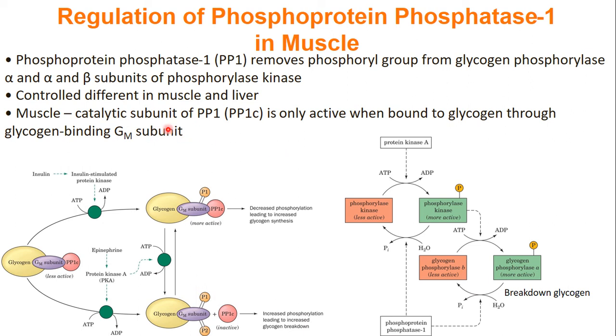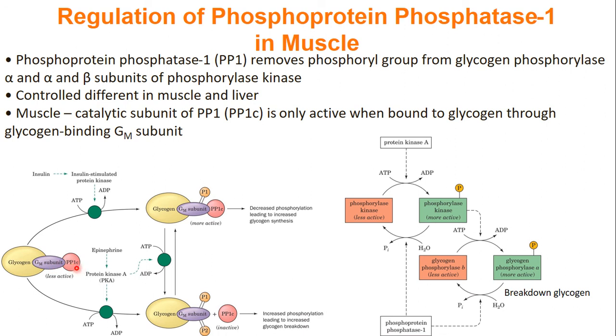So the catalytic subunit of PP1 is called PP1C, shown here. PP1C is only active when it is bound to glycogen. And it binds to glycogen through its subunit we call GM, glycogen binding subunit muscle, so GM. So GM is part of PP1.